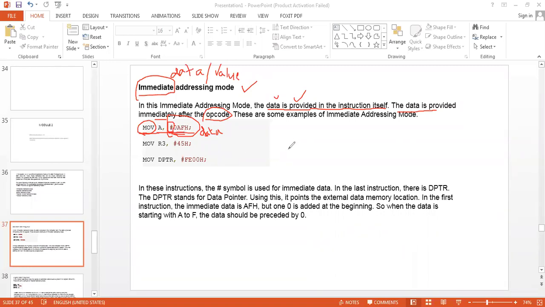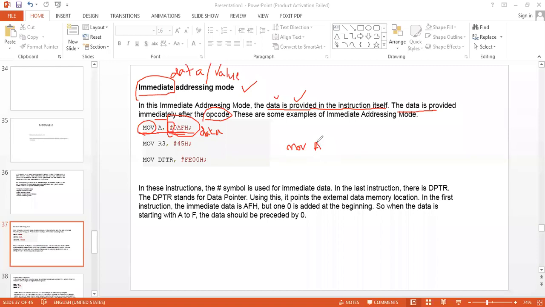It has to be written whenever I am providing an immediate value. So, MOV A: A is a register, and A has the address E0H. Don't forget the organization of the memory of 8051, the complete memory organization we have studied.